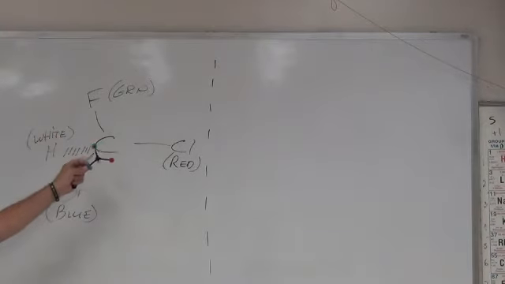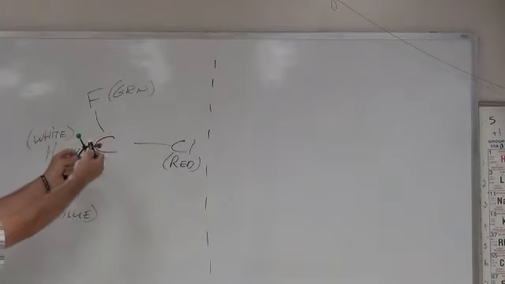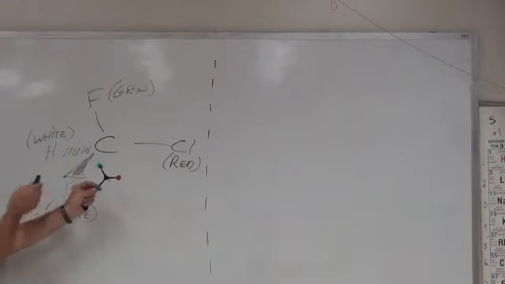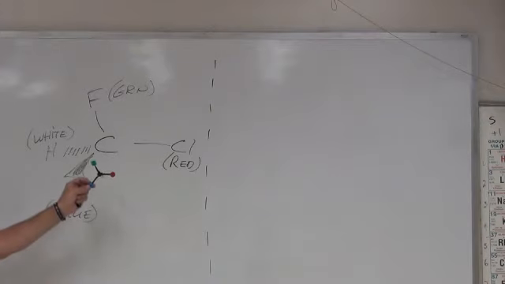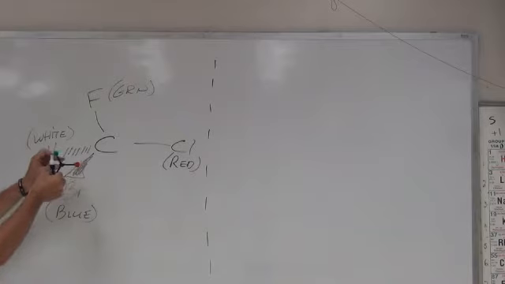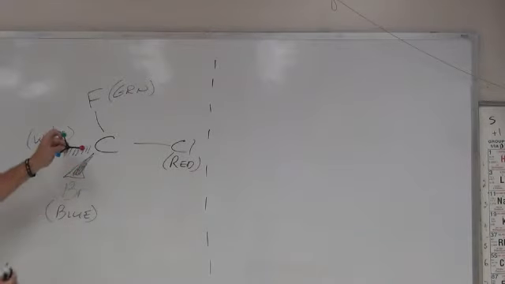Okay, so we can see the structure here. The bonding, the blue one's coming out, that's what we show with our solid wedge, and then the hydrogen is going back. So you can see with the stereochemistry, that's what this molecule looks like.